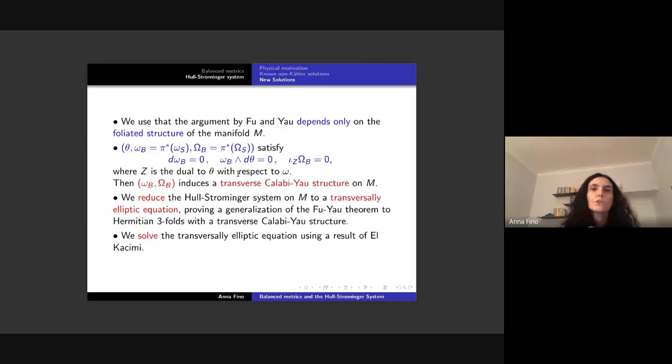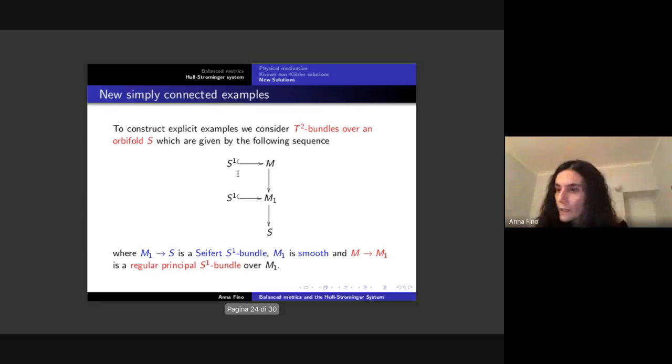In fact, you use, just as I said before, the foliation structure. And to solve the transversal elliptic equation that we get, we use a result of El Kacimi for transversal elliptic operators.